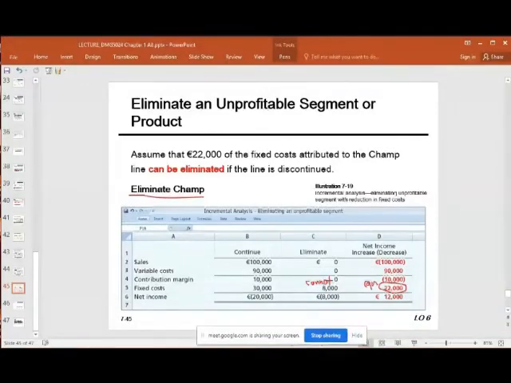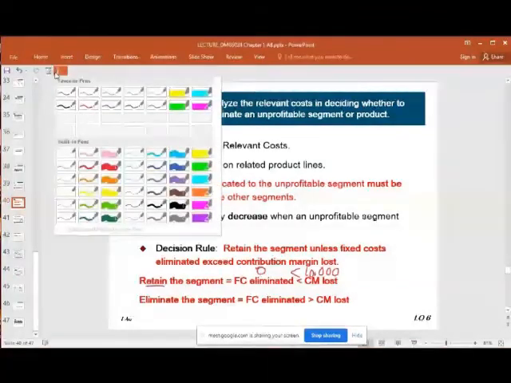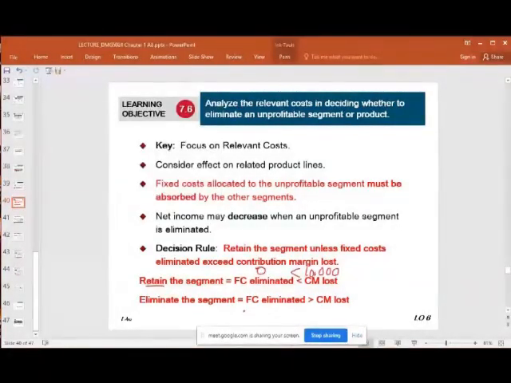So class, do you see that fixed cost? Whether you can or you cannot eliminate the fixed cost, it will give you a different decision. So if let's say now we compare, okay, fixed cost eliminated 22,000. Let's go back to just now that slide. Fixed cost eliminated right here, 22,000.